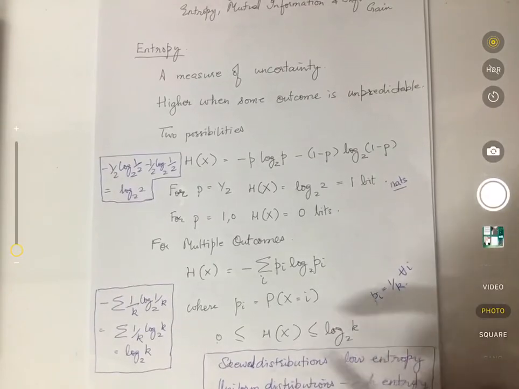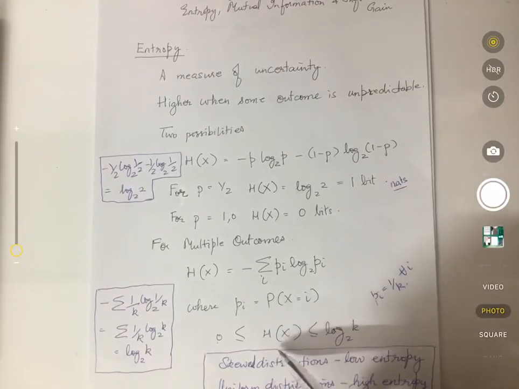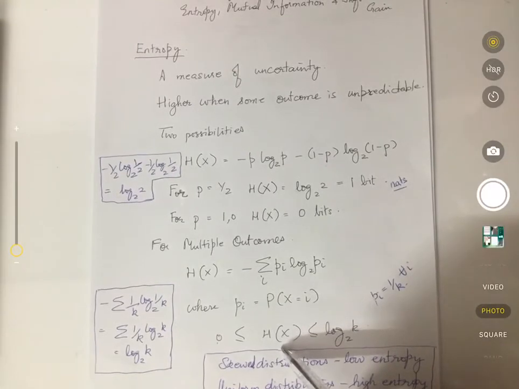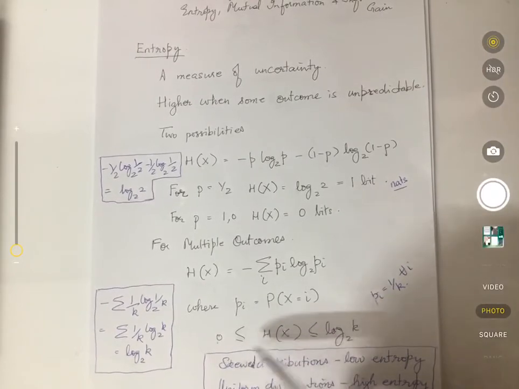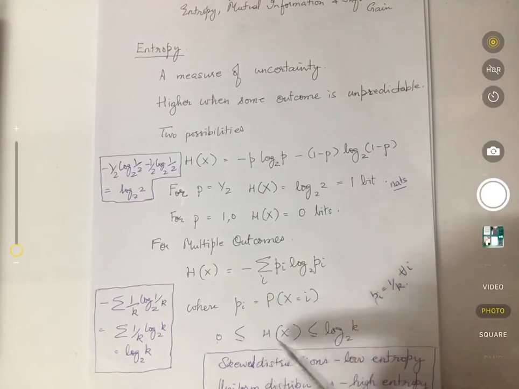And in the case when the probabilities are skewed, only one of the values takes a value of 1 and all the others take 0, then h of x takes a value 0, right?